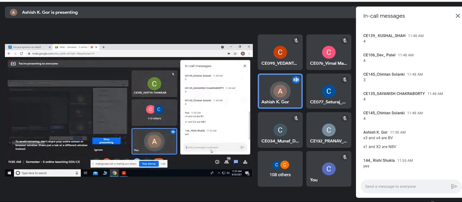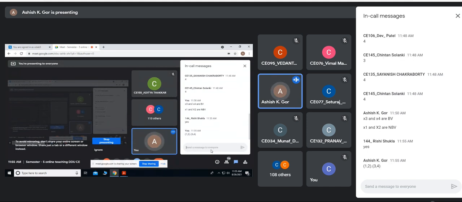Okay, what is the dot product of two vectors? Let me say 1, 2 dot 3, 4. What is the answer? This is one vector. Vector means one dimensional array kind of thing. And I am doing a dot product of that. What will be the answer?